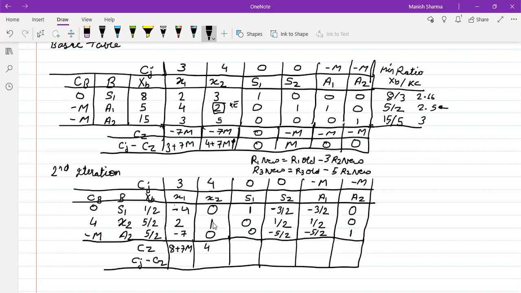Then 1 into 0 is 0, 0 into 4 is 0, 0 into m is 0, so it will be 0. Next is minus 3 by 2 into 0 is 0, 1 by 2 into 4 is 2, and minus 5 by 2 into minus m is plus 5 by 2 m. Correct? So 2 plus 5 by 2 m.